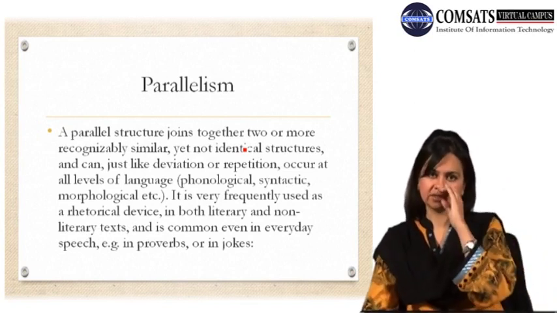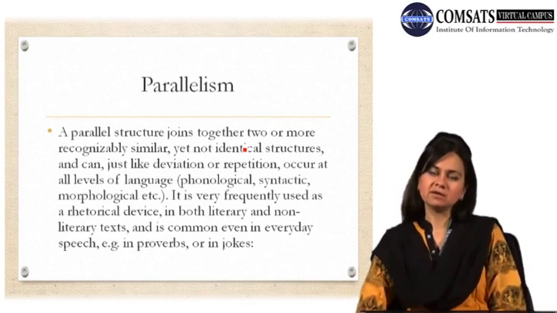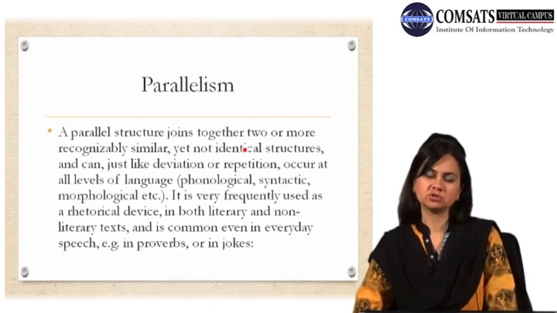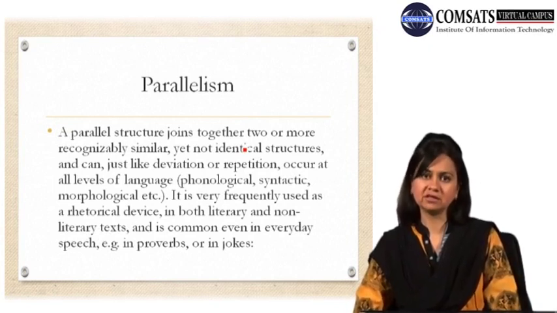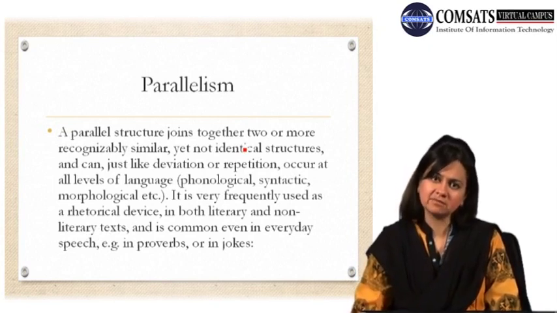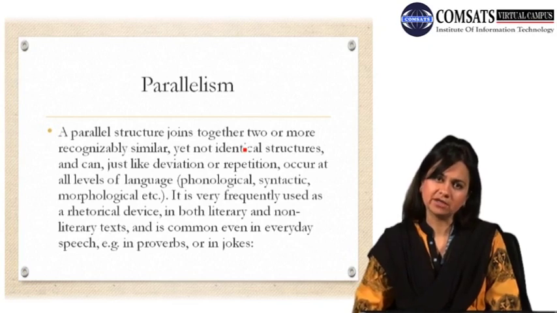So if you read poetry, you will come across many features which would appear parallel or regular, and foregrounding through parallelism would reveal how it creates automatization, that certain patterns are brought to the reader again and again, so that they become regular and automatic, and the reader remembers those things.